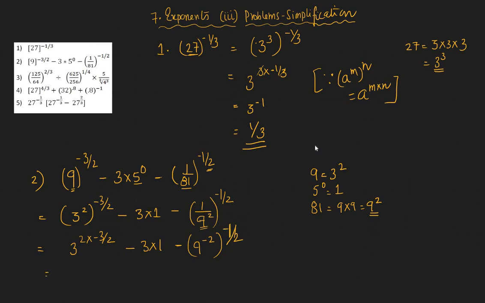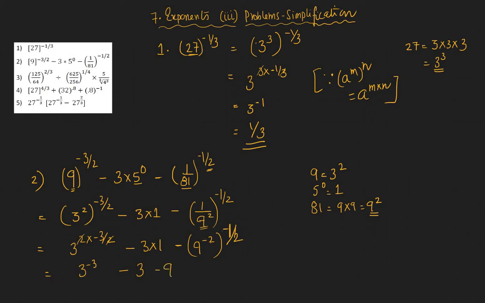So here we have 2 and 2 is going to get cancelled. So 3 power minus 3, minus 3, and you have minus 2 into minus half would be, minus into minus would be plus, 2 into half would be 1. So you have minus 9.